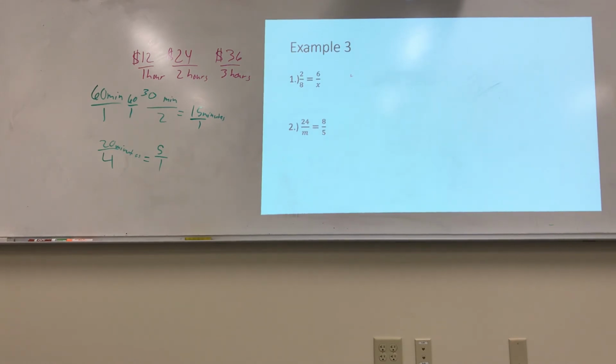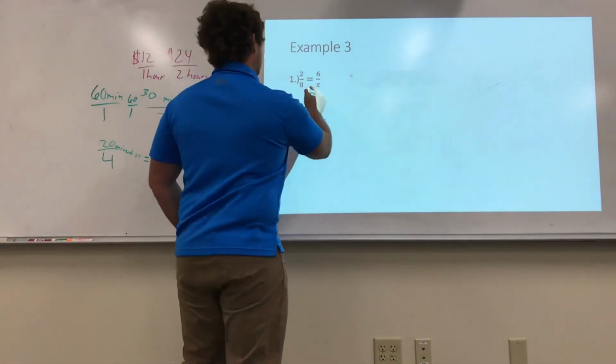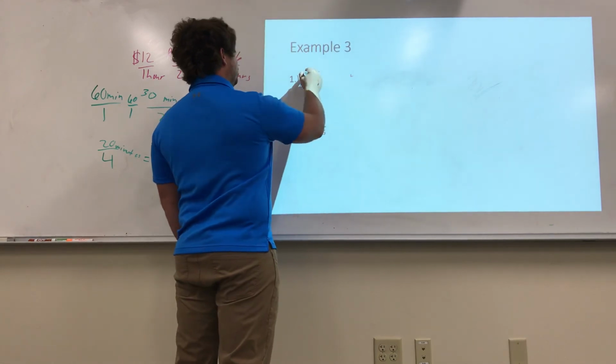Example 3. We have to make these proportional. To get from here to here, I multiply by 3.